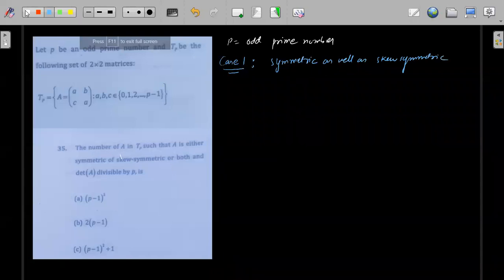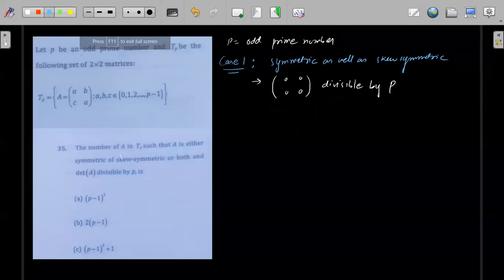In this case we have seen that only one form of matrix will be present, which is 0 0 0 0, and the determinant of this one will also be divisible by p, since p is a prime.